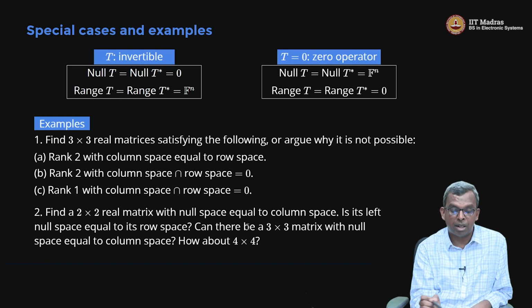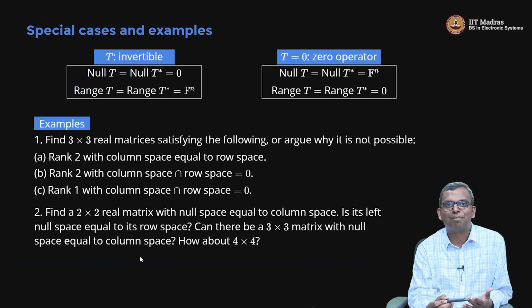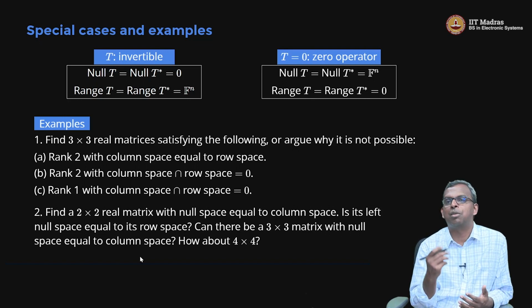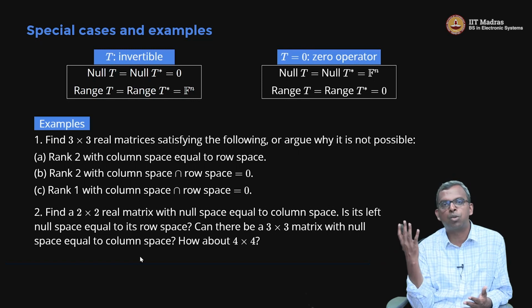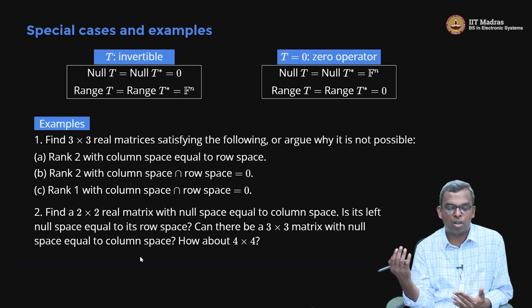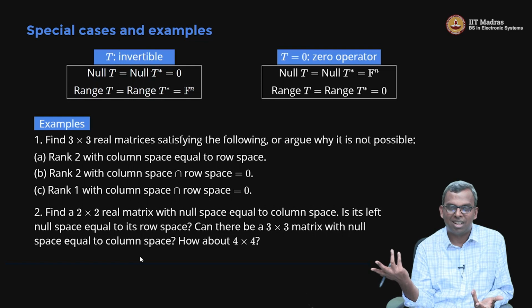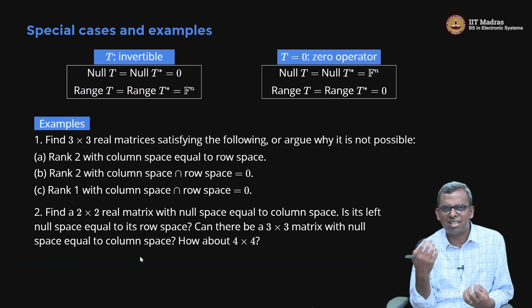So in a 3 by 3 matrix, you cannot have null space equal to column space. It seems surprising, but it is true. Interesting, right? Such interesting conditions come when you count dimensions carefully.